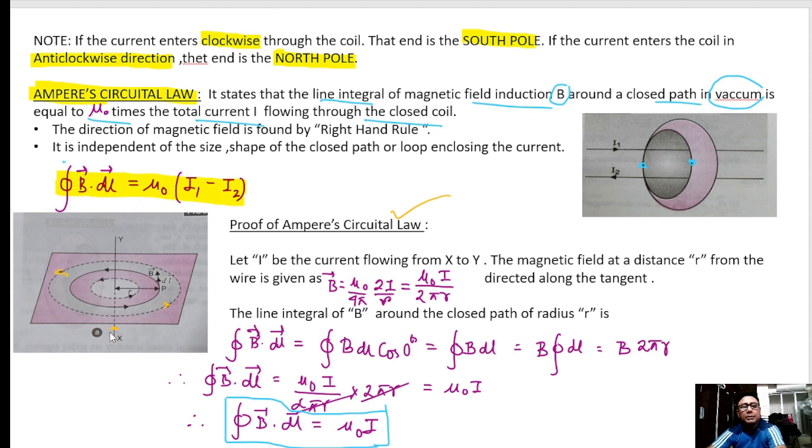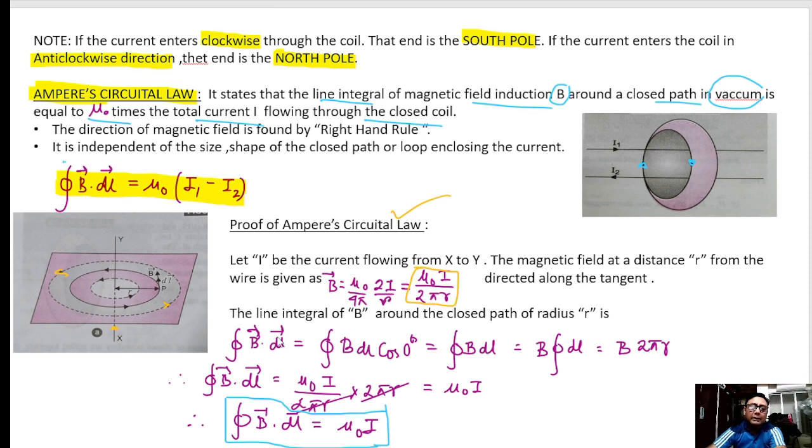Magnetic field direction will be like this. So suppose at a distance of R from the center at P, what is the magnetic field due to the current carrying conductor? We have already done that. It's mu 0 I by 2 pi r. Mu 0 I by 2 pi r is the magnetic field at a distance of R due to a current carrying conductor.